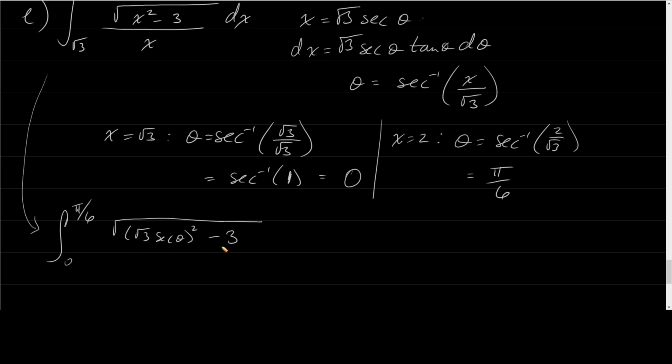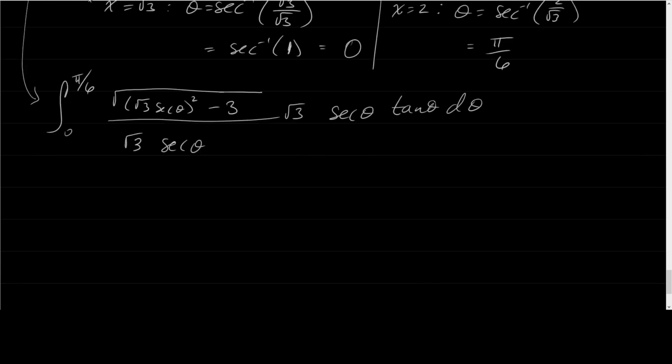Not 3 squared, just 3. Sorry. All of this over x. X was again radical 3 secant theta. And then dx was this entire thing. Radical 3 secant theta tan theta d theta.